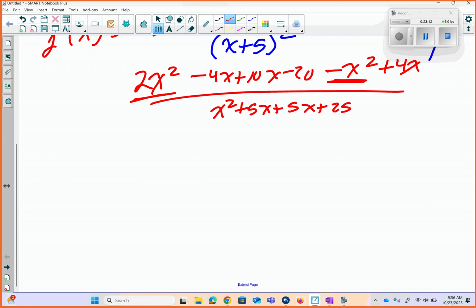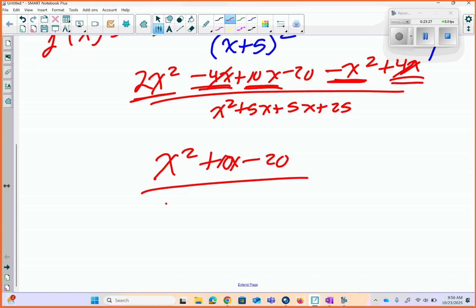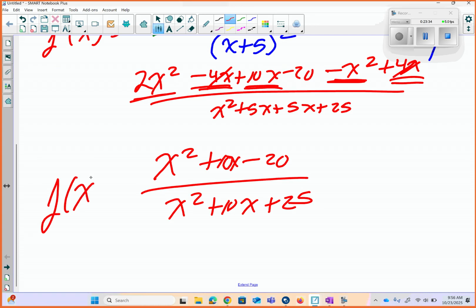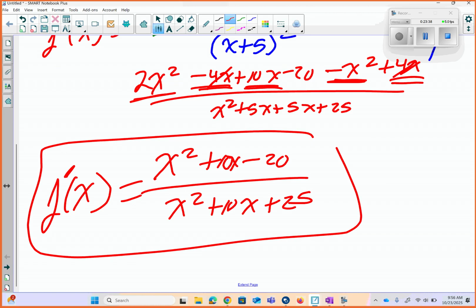Combine like terms: I get x squared, the 4x terms cancel each other out, so plus 10x, and then minus 20, all over x squared plus 10x plus 25. And this is the derivative of that particular function.